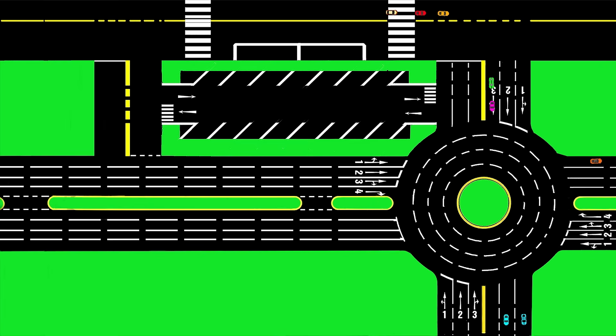Lane 3 has 5 options. Option 1, go straight ahead, that is through the third lane of the roundabout and exit in the third lane.